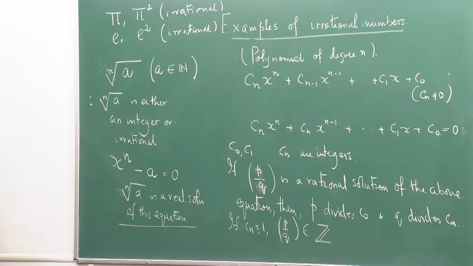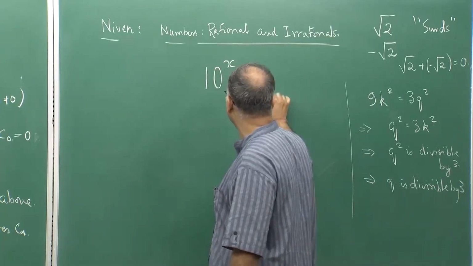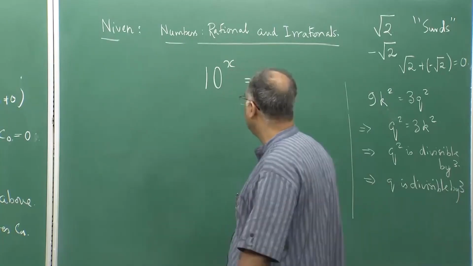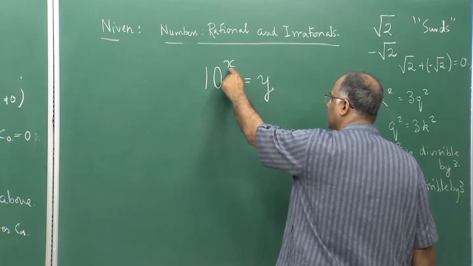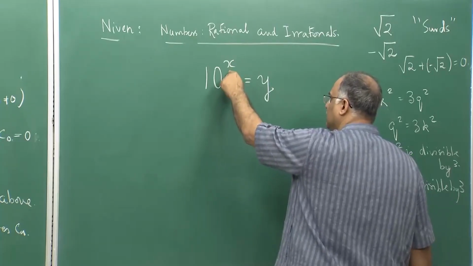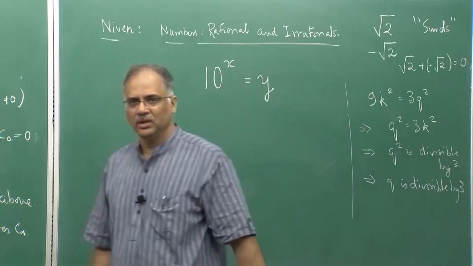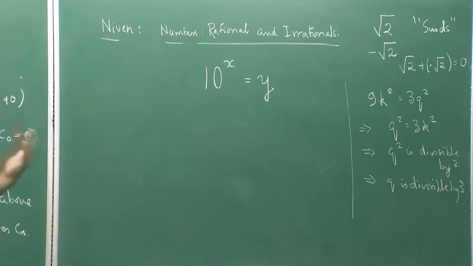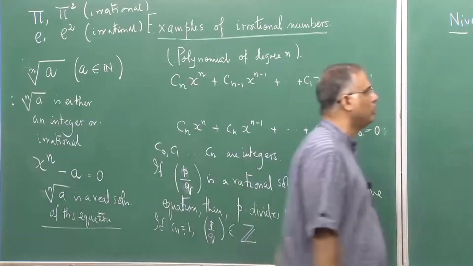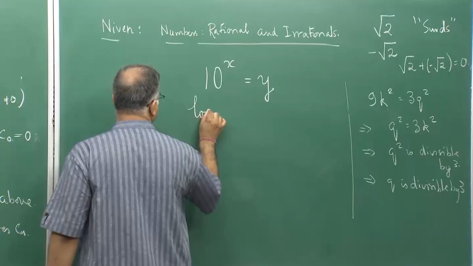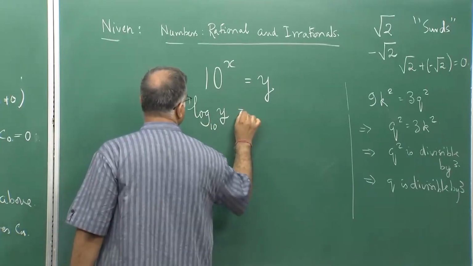You know that if 10 to the power x is equal to y, I ask the question: to which power must 10 be raised to give me the number y? So, log is just the inverse of this operation; the inverse of exponentiation is the log operation. So, you say log to base 10 of y is your x.